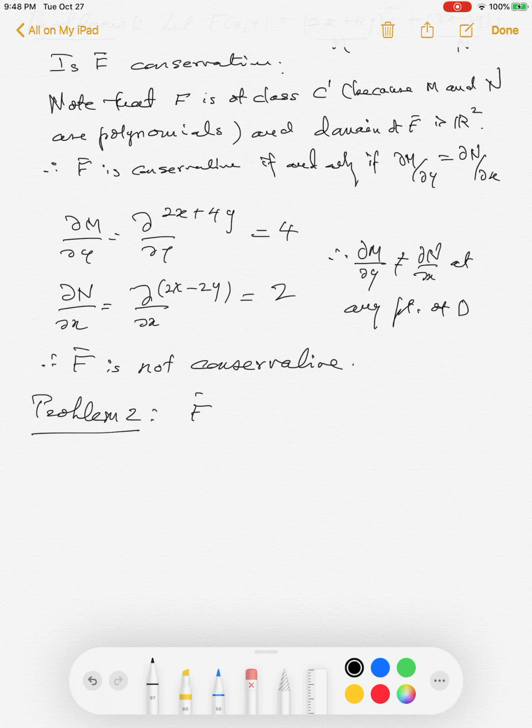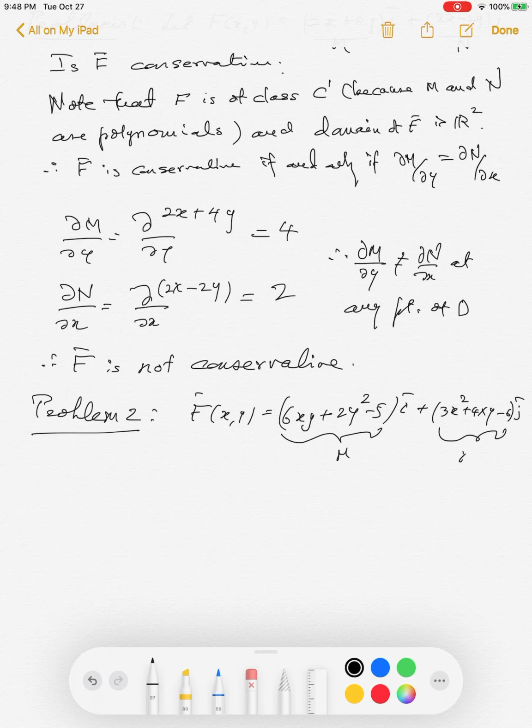Let's see another example. Let's take this function to be (6xy plus 2y squared minus 5) i bar plus (3x squared plus 4xy minus 6) j bar.